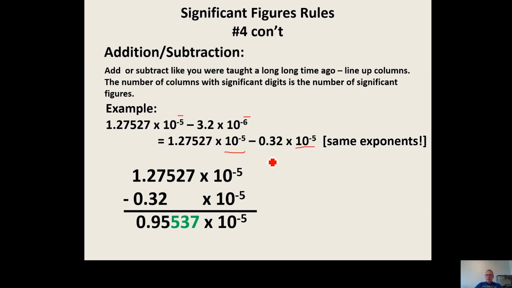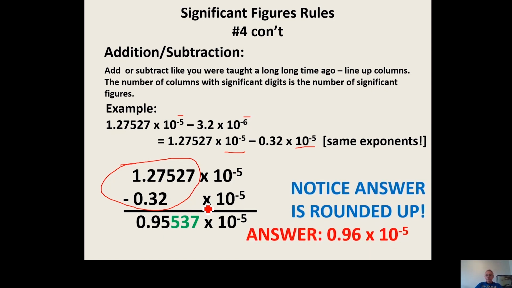So you write both as 10 to the minus 5, or both as 10 to the minus 6, and factor them out, and then the rest of it will be here. And then you default to what we did on the last slide. Again, you would have to round this one up because the green numbers here are larger than 5, so that would round up.